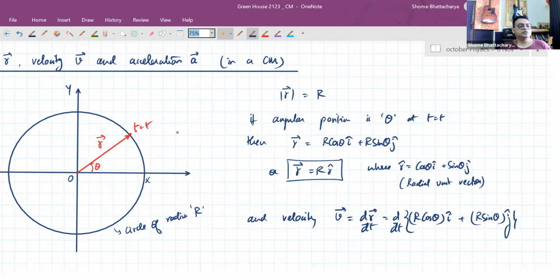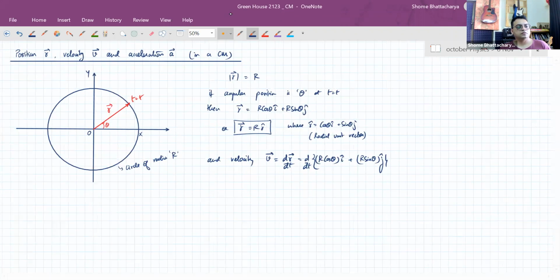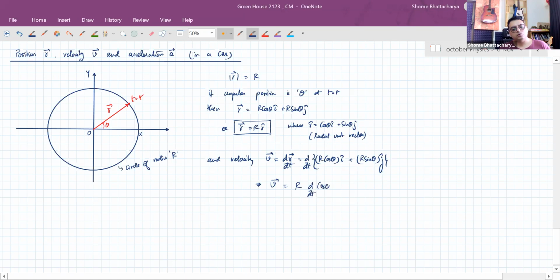This is where our chain rule application comes in when we differentiate. When we apply the derivative inside the bracket, capital R is a constant, so it applies directly to cos theta. And then again, capital R is a constant, j cap is a constant, so it applies here.